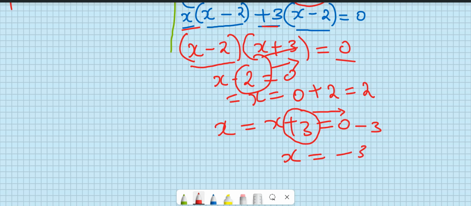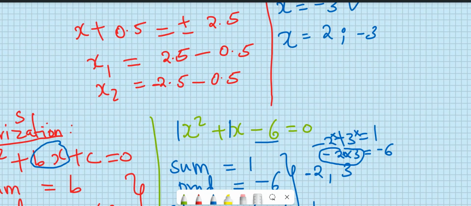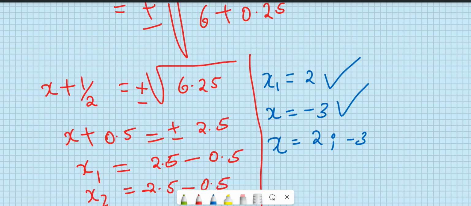So x equals negative 3. Remember, if you're keen and observing, we got negative 3 and 2 as our x, which is the same thing that we got in our previous method. It's 2 and negative 3.